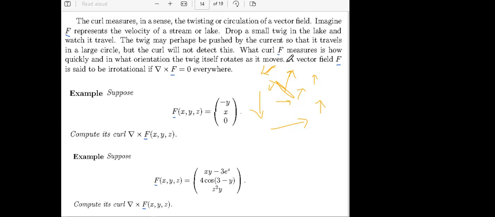If you put all your fingers in this direction, then the direction of your thumb gives you the direction of the curl. So the curl is pointing upward, popping out from the screen.